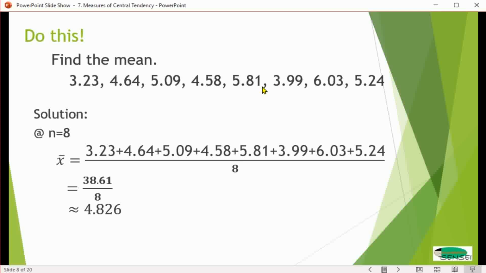Now, what happens if there are varying numbers of decimals here? We can make reference to the data set which are most repeated in terms of number of decimals.